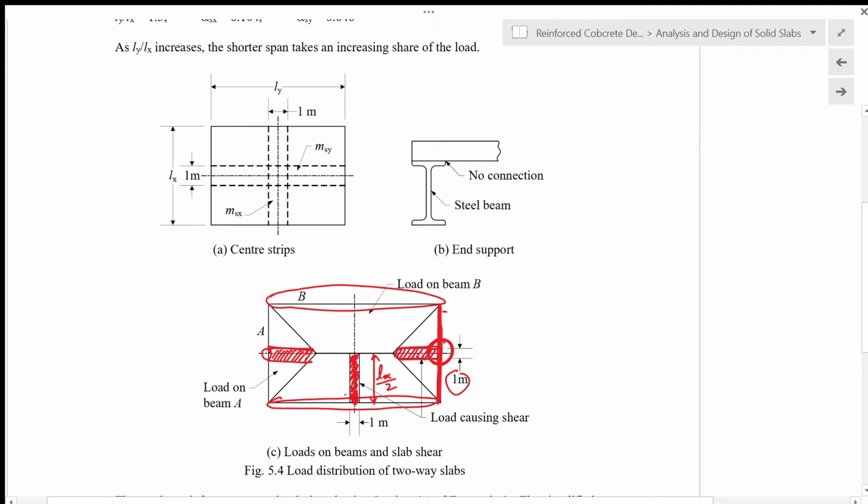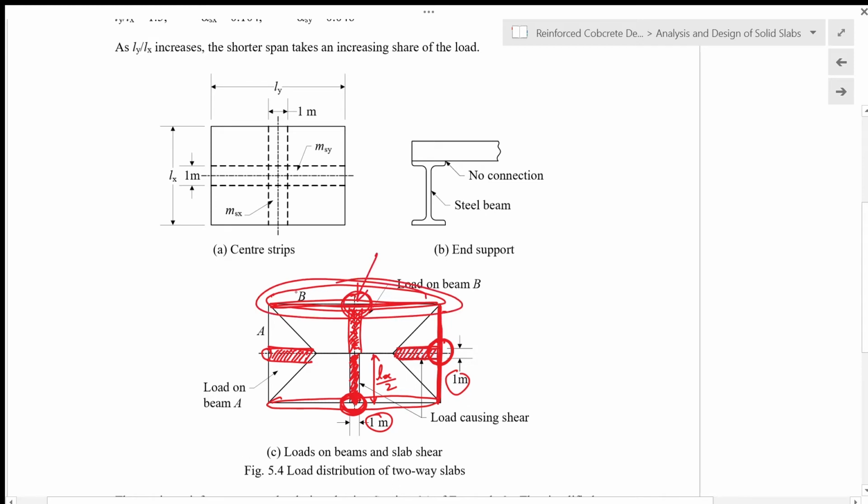That will be the shear force transferred to this beam per meter width. Same as for this side of the beam.